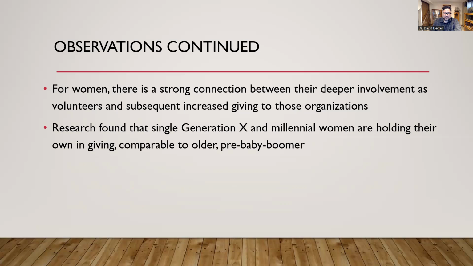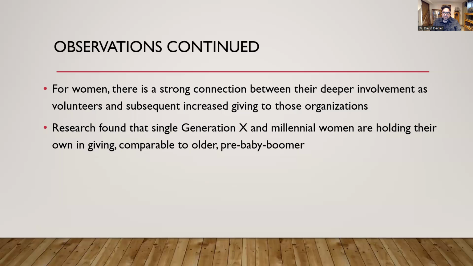Some of the research that we found suggests that single Generation X and millennial women are holding their own in giving, comparable to older and pre-baby boomers. This is interesting because essentially it's saying that the younger generations are just as charitable as the older generations. And why this is important is because generally you think of older generations as having more wealth.